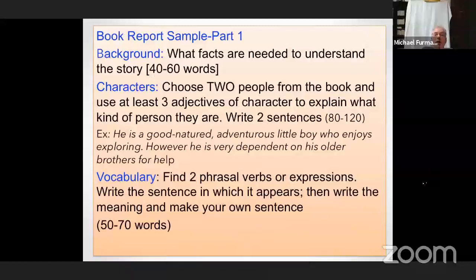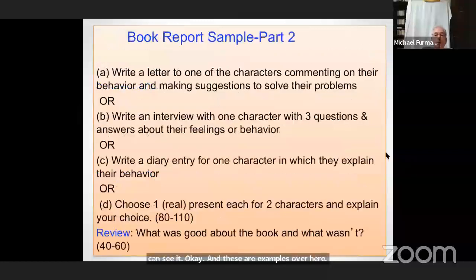You can read it quicker than I can say it. Okay, and these are examples over here. This is the part where they have to choose one of these things. And again, it's taken me 10 years to come up with this format. And I borrowed things from the extensive reading journal and from some of our kami-samas in the group.